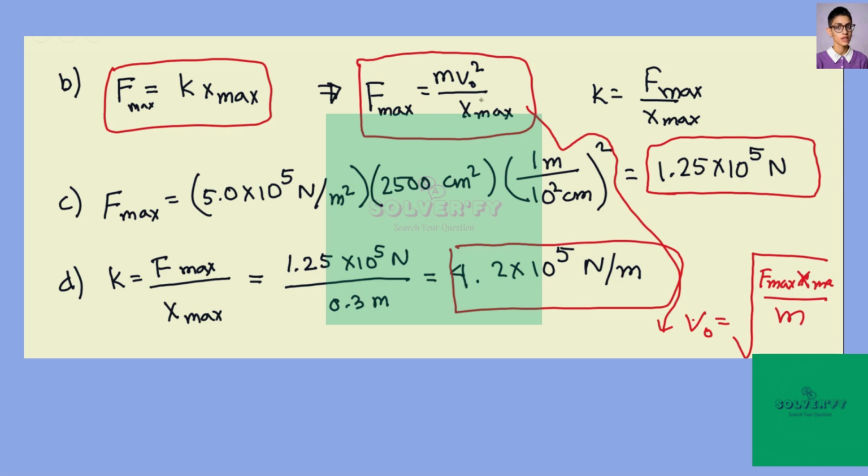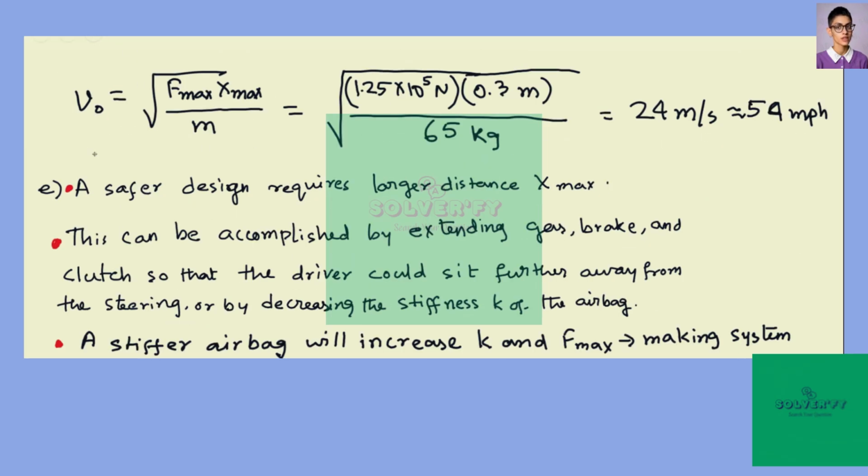So what we did here is we multiplied x max on both sides and then divided by m on both sides as well, and then we took a square root because there's a square over here. That's what gave us this expression, and if we put the numbers in, we see that it's 24 meters per second, which is 54 miles per hour.